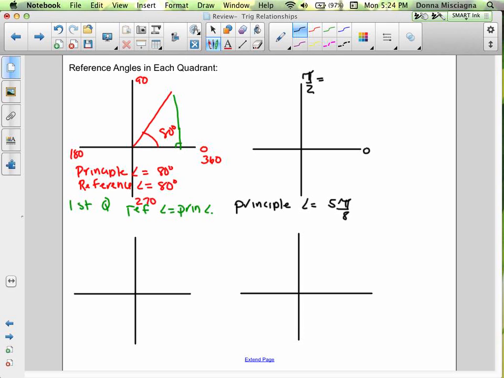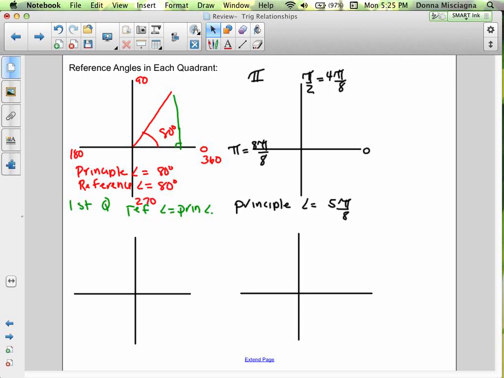Pi halves is the same as 4 pi over 8, and this would be pi, which is the same as 8 pi over 8. So 5 pi over 8 is going to be in the second quadrant. It's more than 4 pi over 8, but less than 8 pi over 8.